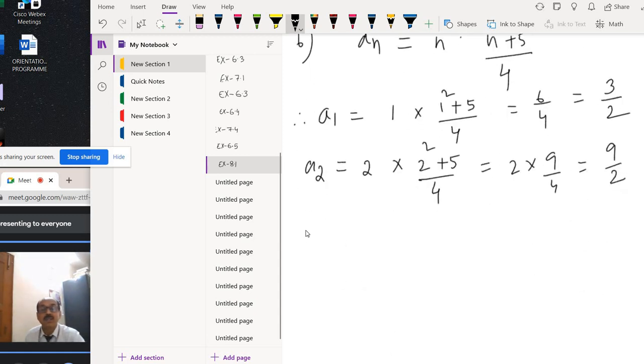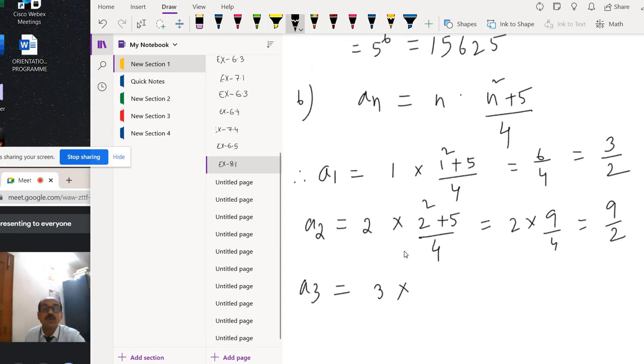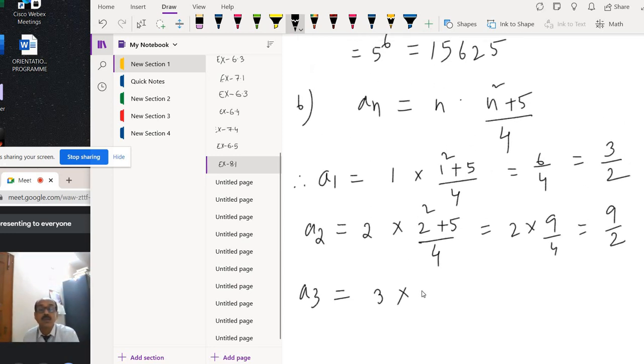Now the third term, a3, equals 3 into 3 square plus 5 by 4, which is 3 into 9 plus 5 by 4.